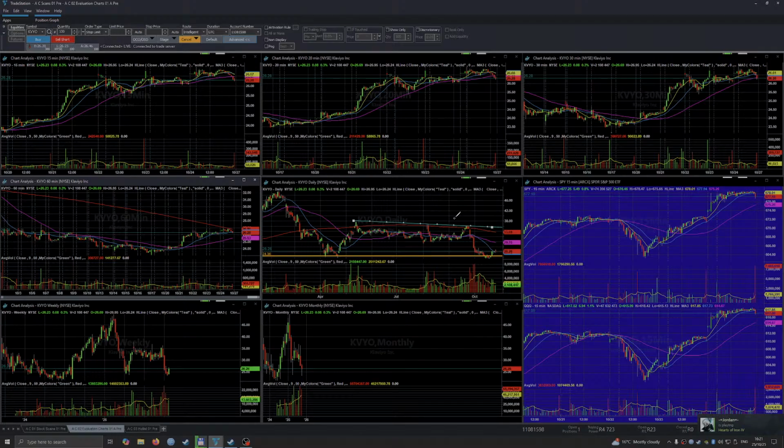Number two, trade within your means. All of my trades, I risk $10. That's it, $10. I haven't been doing this consistently, so I haven't been able to measure improvement.